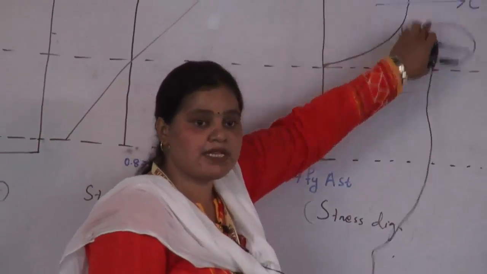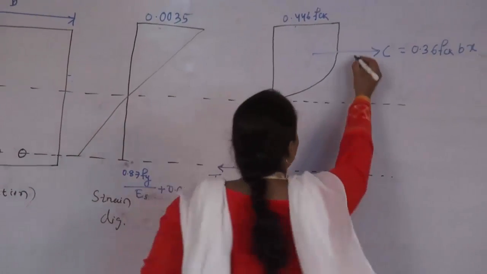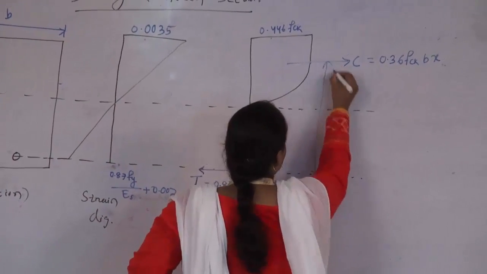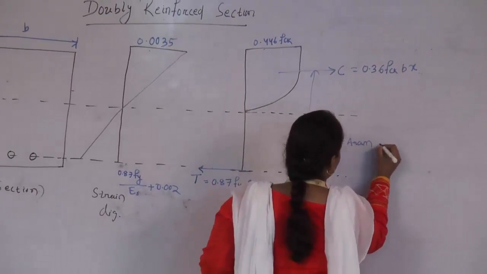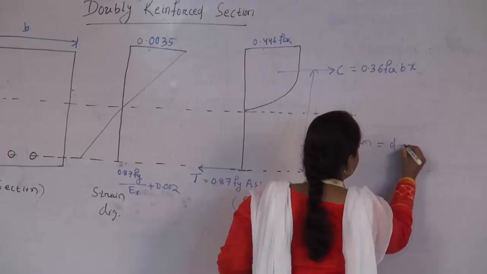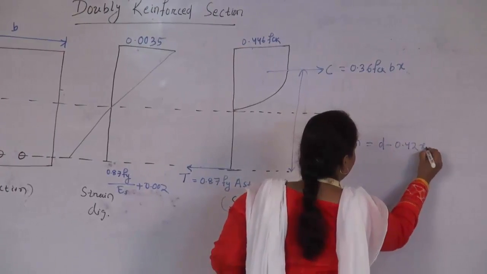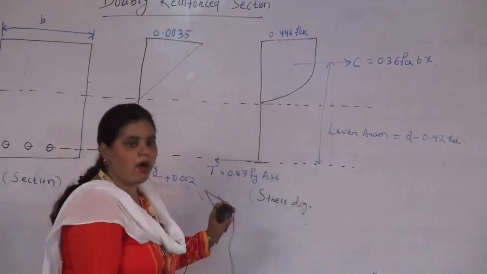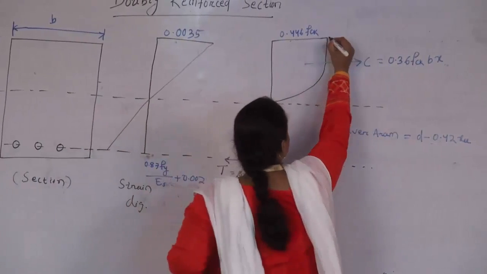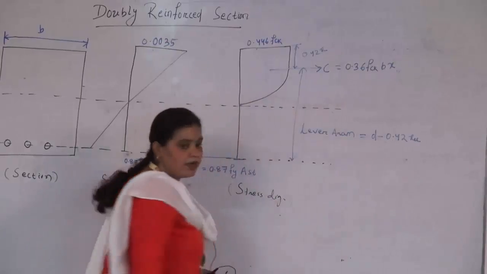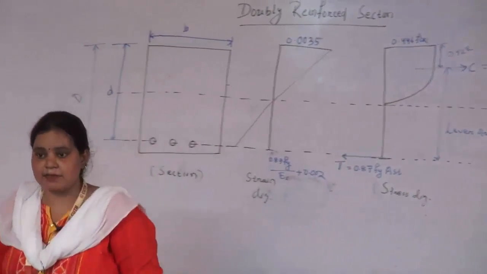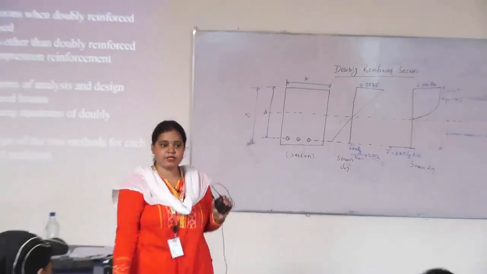The distance between compression and tension is called the lever arm, which is nothing but d minus 0.42 Xu. So this distance is 0.42 X. These are the basic things for the singly reinforced section.